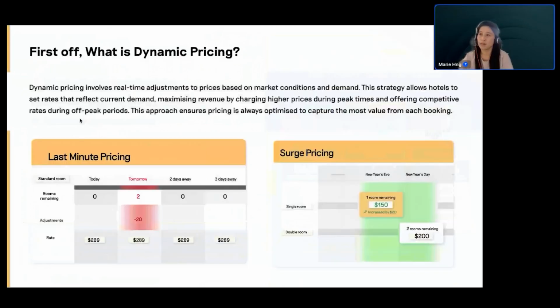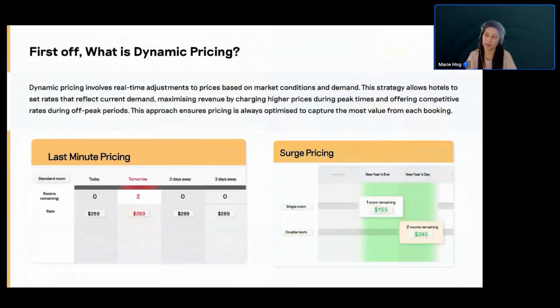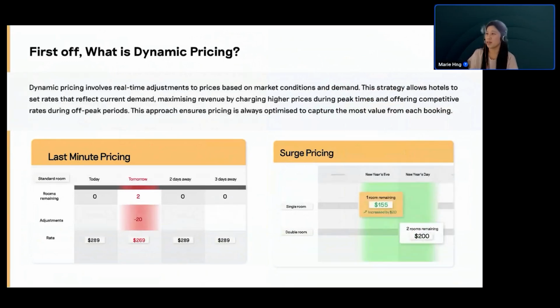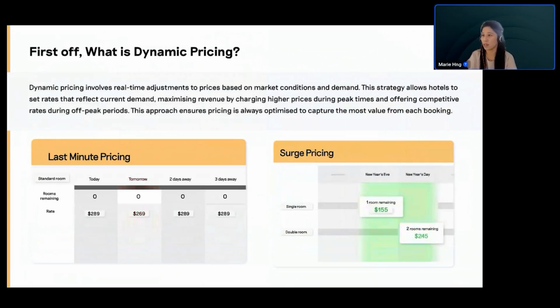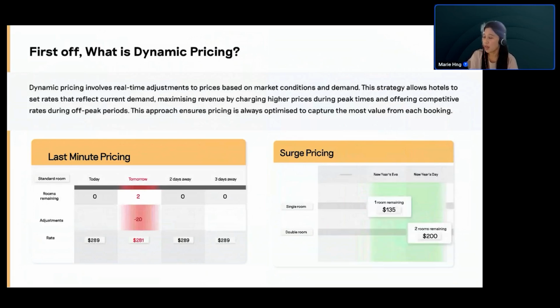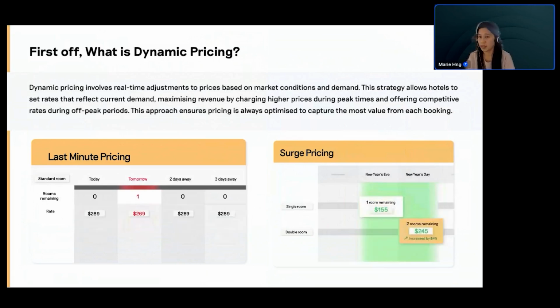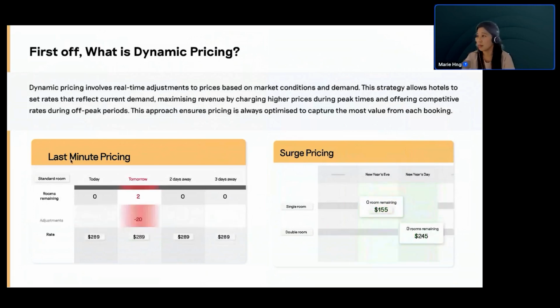Now, first off, what is dynamic pricing? I think for a lot of you, you would have heard of this term at some point in time. Essentially, what it is is adjusting your price according to your market conditions and demand, right?